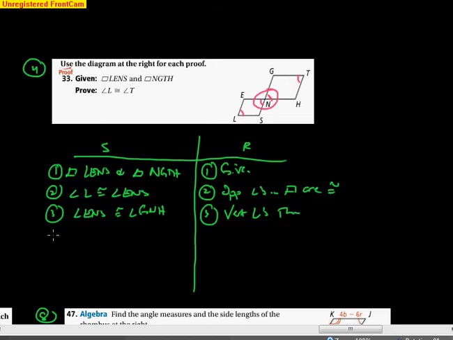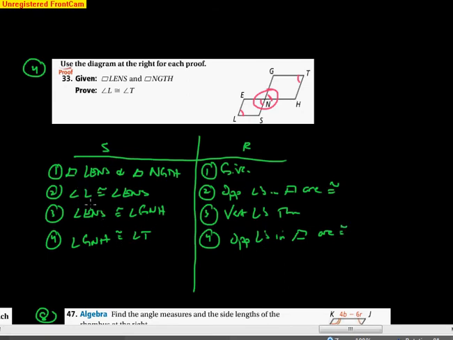And then, finally, angle GNH is congruent to angle T. And that is because, again, opposite angles in a parallelogram are congruent. And now look what we have.